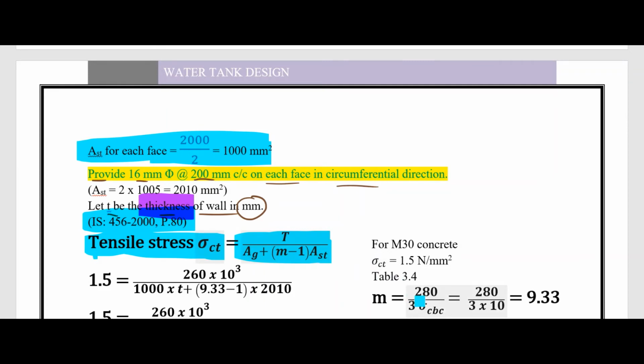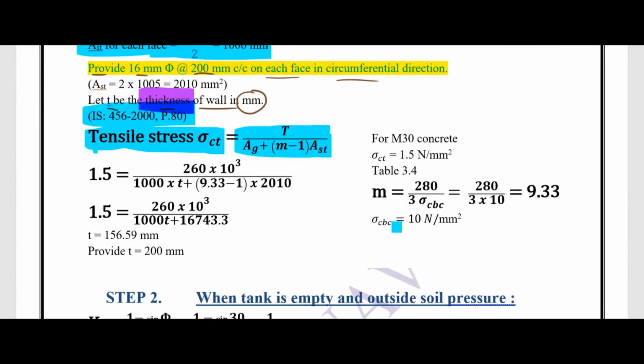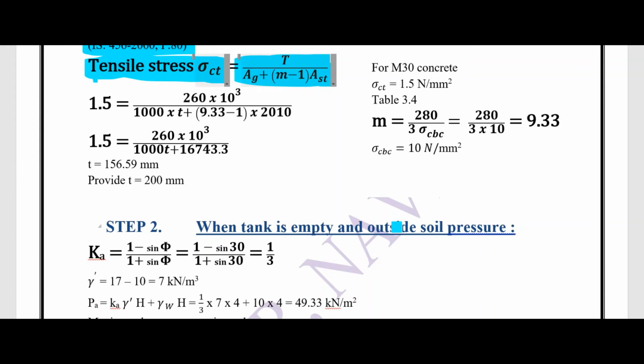We can calculate m from table number 3.4. Sigma ST is 1.5. M is equal to 280 divided by 3 sigma CBC.